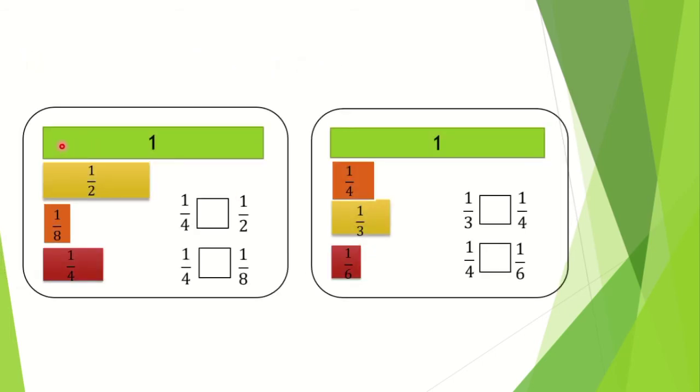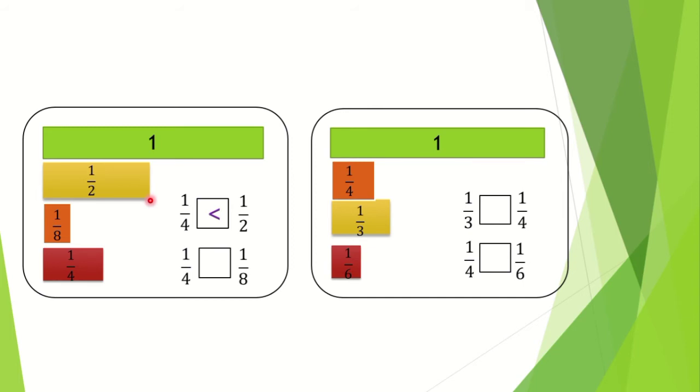I have here 1 whole, and I have here half of 1. I have here an eighth of 1, and I have here a fourth of 1. So who's the biggest, fourth or half? Let's see. That's fourth and that's half. So fourth is smaller than half.